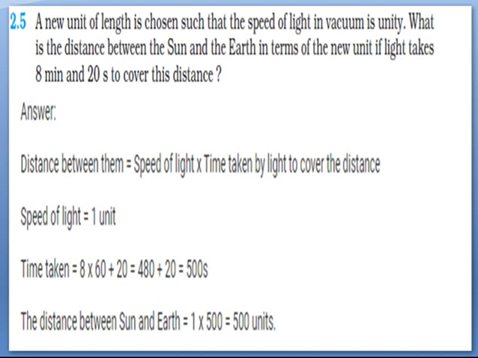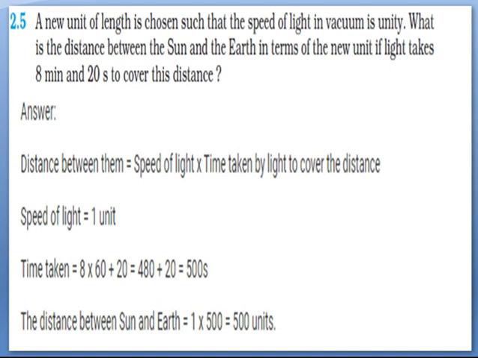See, as you know, distance is equal to speed into time. So speed of light is 1 unit and the time taken is 8 minutes 20 seconds. You have to convert this into the same unit, that is seconds. So 8 into 60 plus 20, that is 480 plus 20 equals 500 seconds.